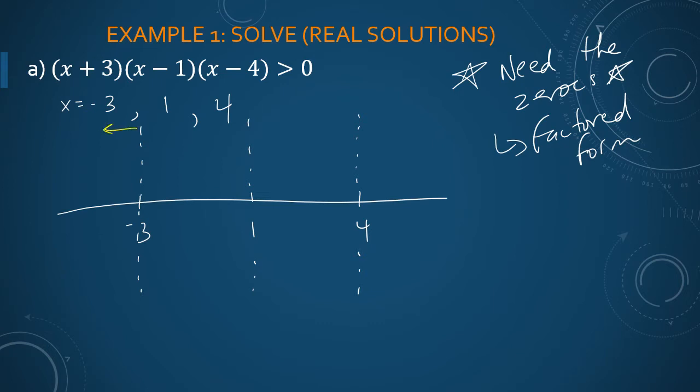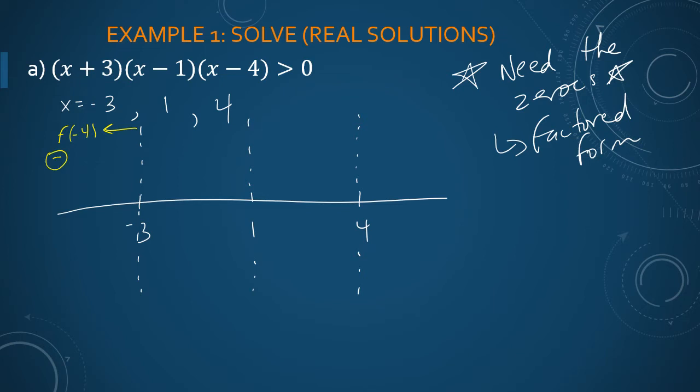Left of -3, so pick a number less than -3. It doesn't matter what you pick. I'm going to pick -4. So f of -4. Then you take that number and plug it into your function. We don't even care about the numbers. All we care about is the sign, meaning is it positive or negative. Our first factor, x plus 3: if I put in -4, -4 plus 3 is -1, negative.